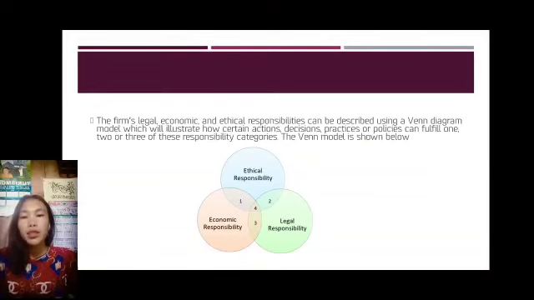Examples of ethical responsibility: setting a higher minimum wage, guaranteeing all materials are ethically sourced, and ensuring that all employees receive competitive pay and comprehensive benefits as well as are treated with respect.